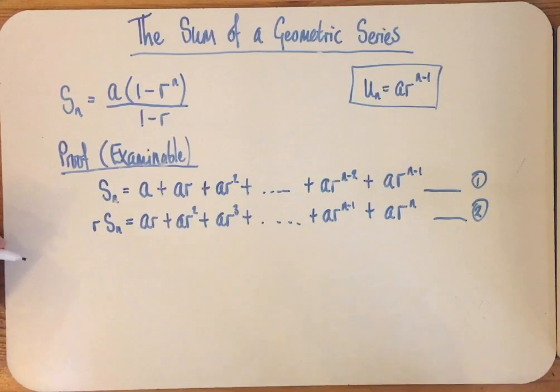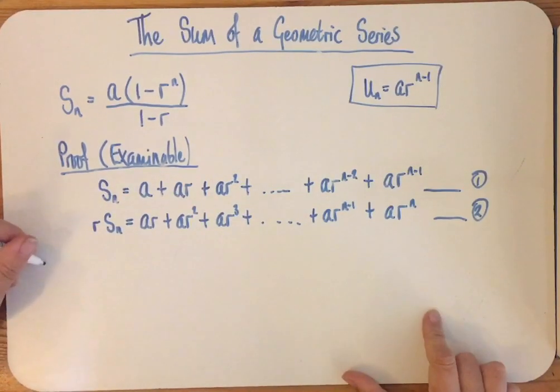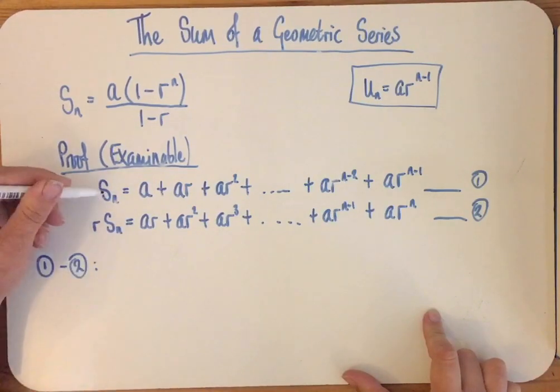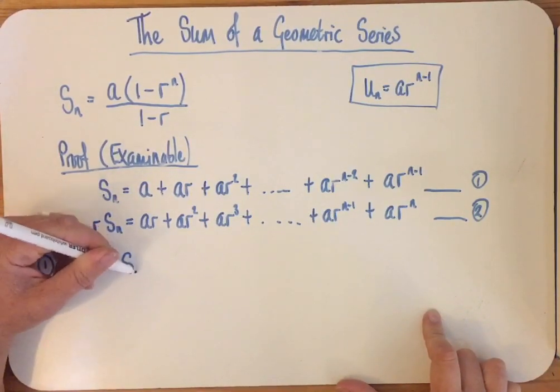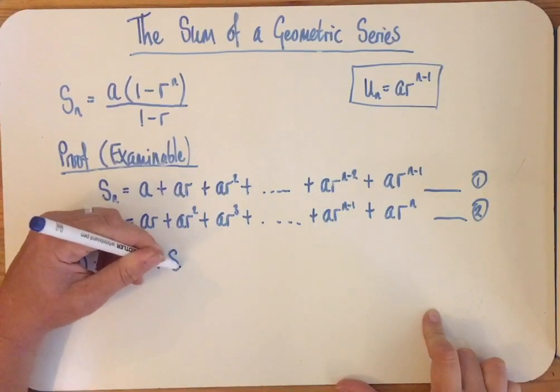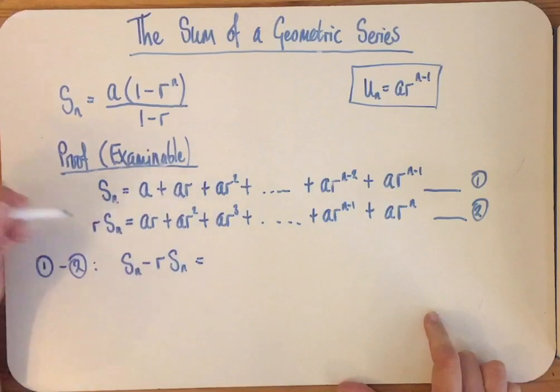then a lot of these terms are just going to cancel out. So I'm doing 1 minus 2. So the left-hand side, the sum of the first n times 1 minus r, lots of that sum. That's my left-hand side.